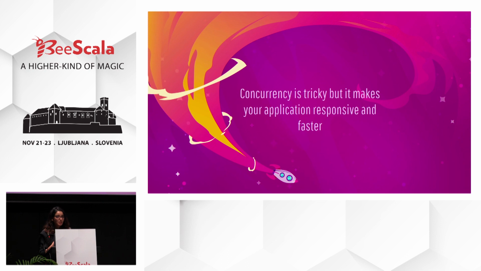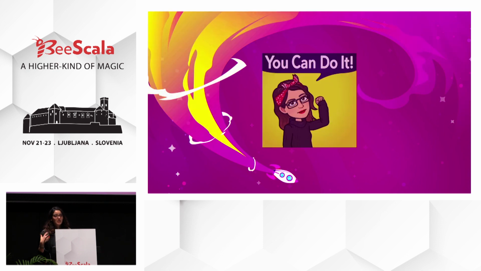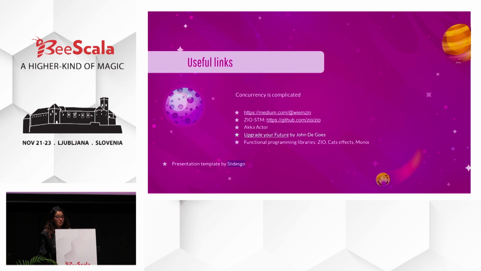So it's okay to deal with concurrency, and it's interesting to have libraries that help you just focus on your business logic, like ZIO. You can put in only what you want to do, and then STM will take care of these challenges of concurrency, and it has a retry mechanism, and it will make sure that your shared state is consistent.